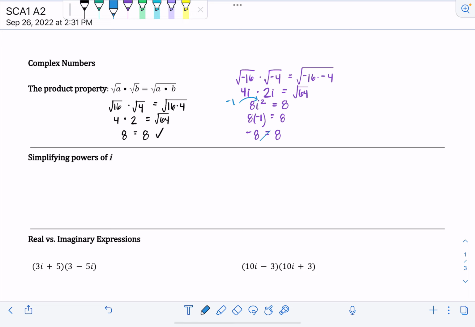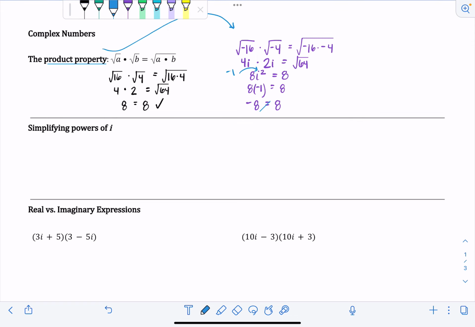Because they get different signs, it proves that the product property does not work for complex numbers. So when we have a negative inside the radical, we can't extend that same property. It's very similar, but it's not exactly the same.